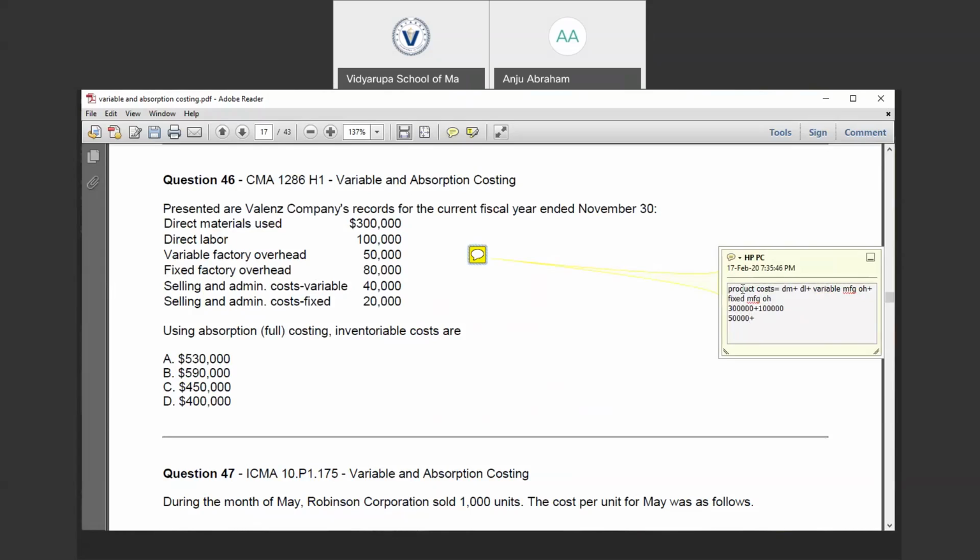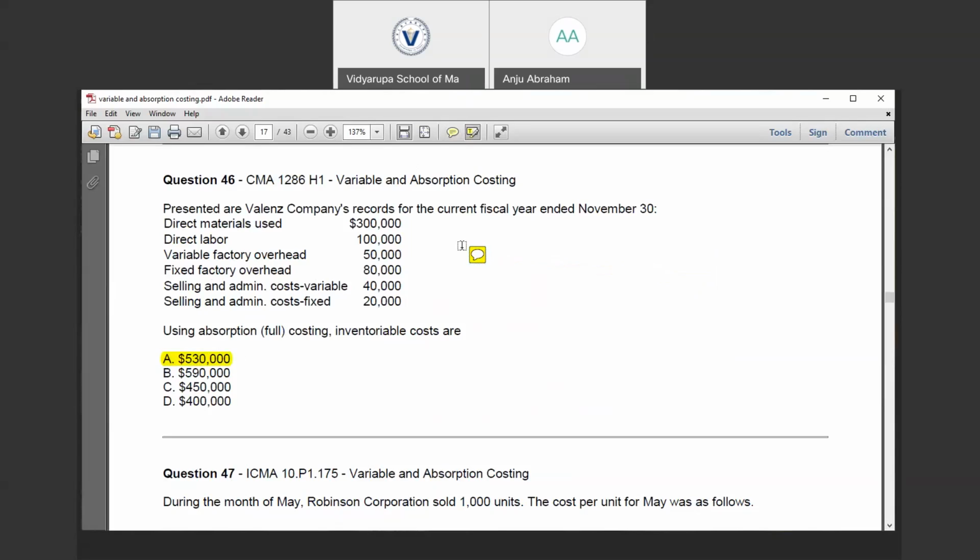Here there is information provided on whether it is applied or incurred, so let's take the fixed factory overhead applied to production, which is 80,000. So the total inventoriable cost is 300,000 plus 100,000, 400,000, plus 50,000, 450,000, plus 80,000, 530,000. This is going to be the total inventoriable cost using the absorption costing basis.